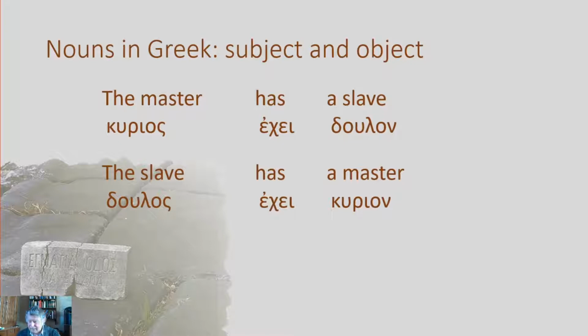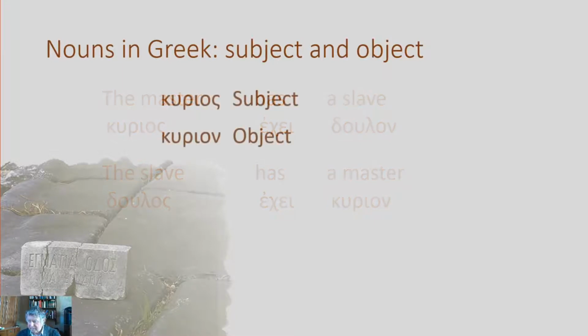Okay, so actually in Greek, the function of the word is not really marked by its position, but by its ending. Just as we saw with the verbs, where the verb ending gives you grammatical information, the word ending here gives us grammatical information. So the os is telling us that it's subject, and the on is telling us that it's object. Okay, so let's summarize that.